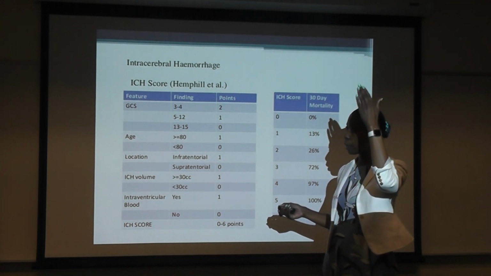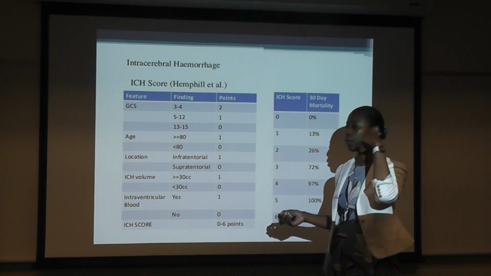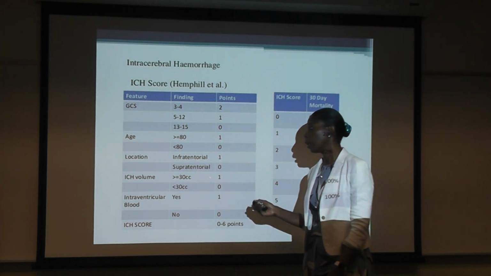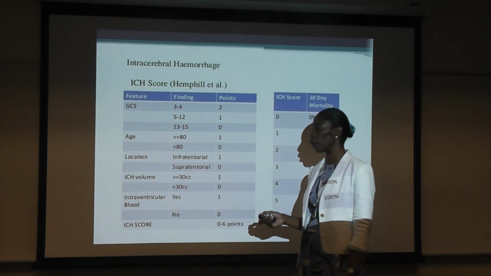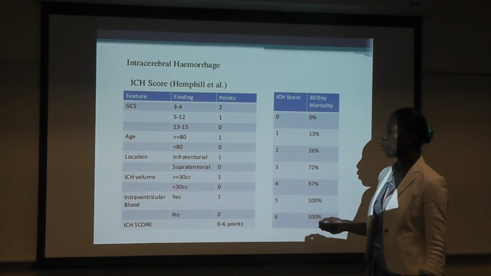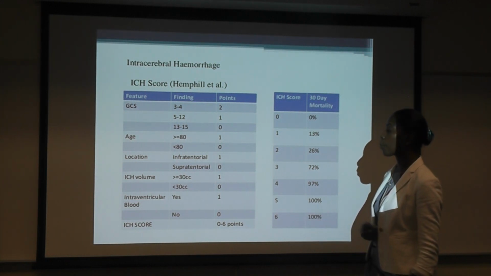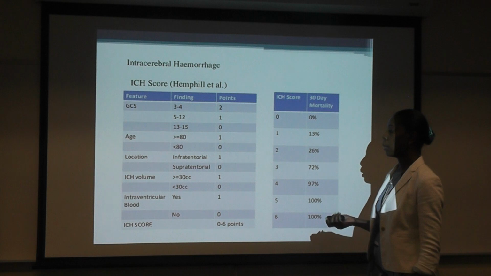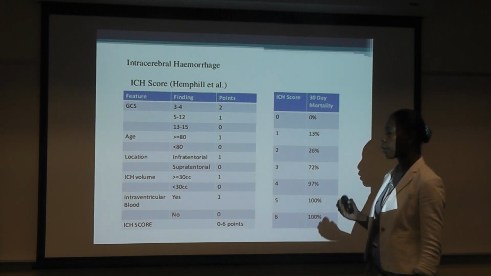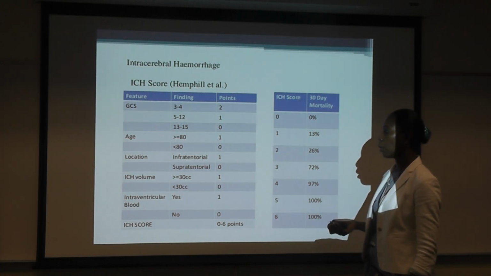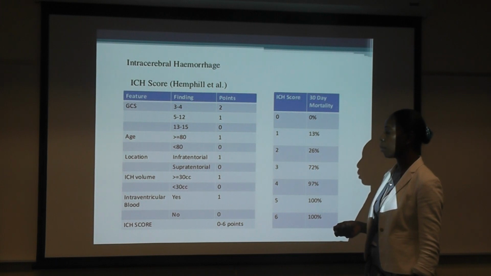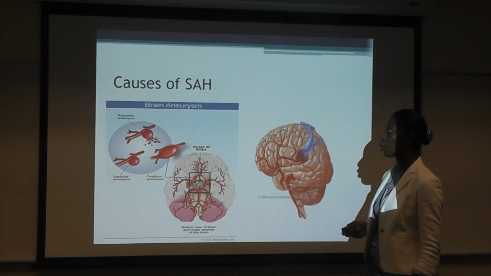Supratentorial, remember, is above the tentorium, in the cerebral hemispheres, above the cerebella and the brainstem. Infratentorial is below the cerebella and the brainstem. Okay? If it goes into the ventricular system, it can cause more backup, or it can cause difficulty with circulation of CSF, and can cause issues that way.